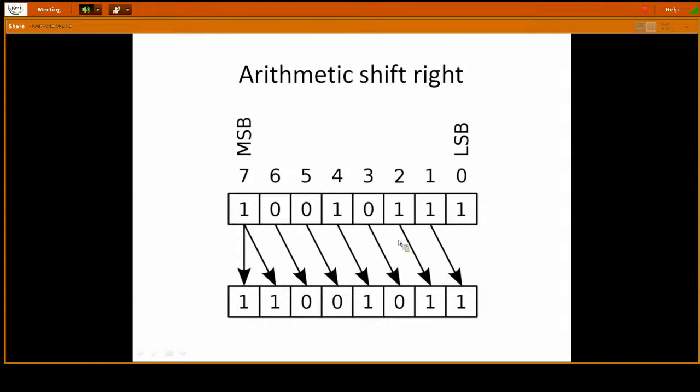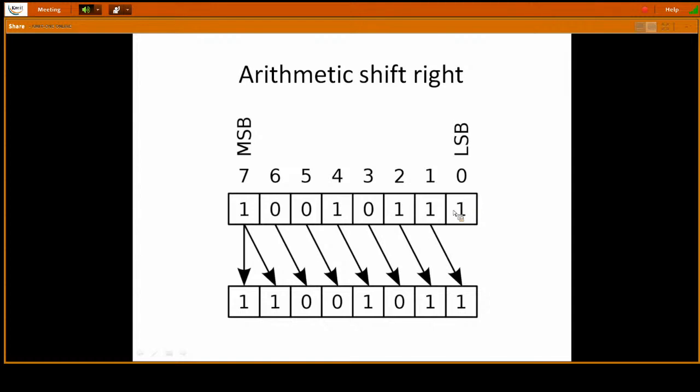This is also similar to your logical shift right only. This is your register data. Simply move the content of the register towards the right side, one bit at a time. Bit by bit transfer towards the right side. When you are transferring towards the right side, if it is a logical shift, what happens?